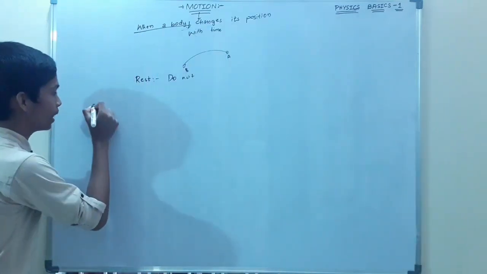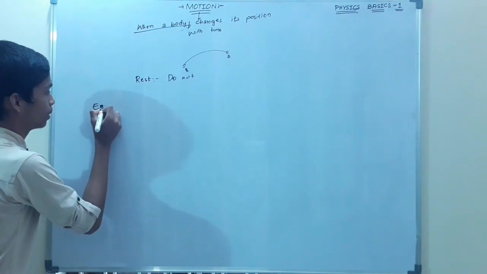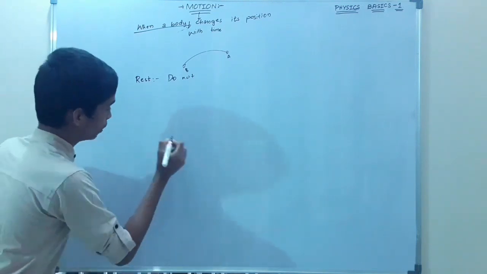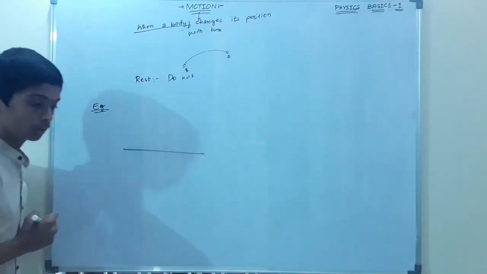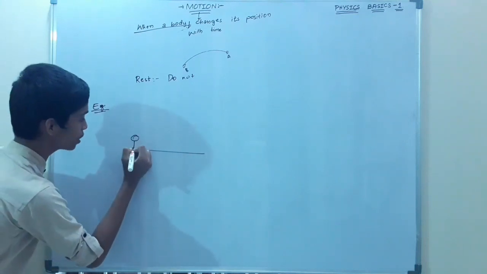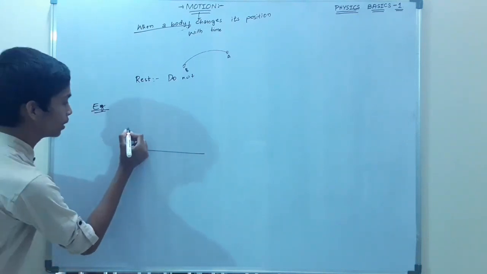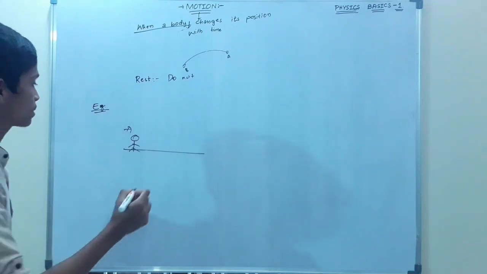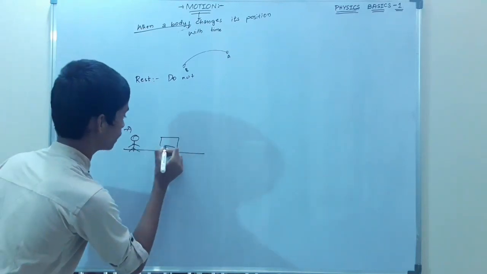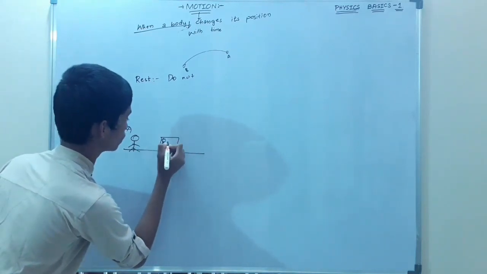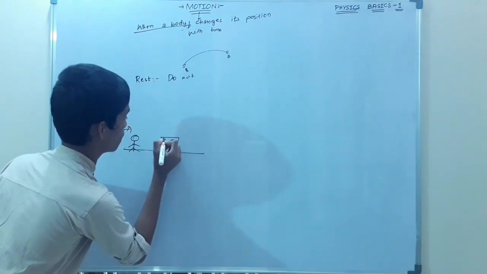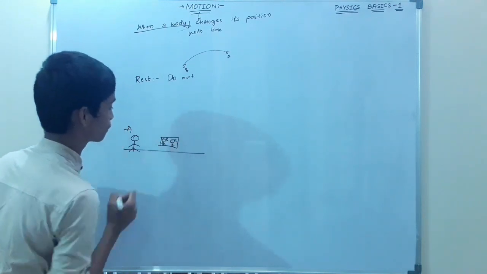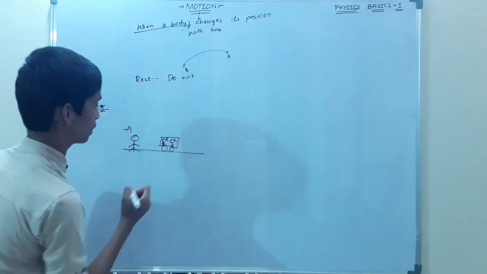Take an example: here is a road and here is a person standing, let's name him A. In a car there are two persons, B and C. This is the car.